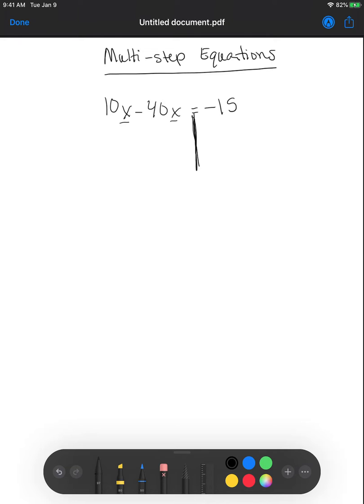So 10x minus 40 is going to be negative 30, and equals negative 15.